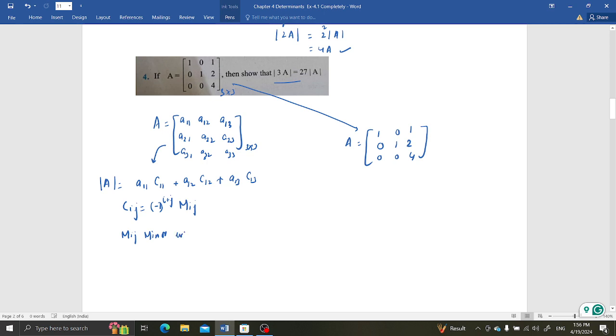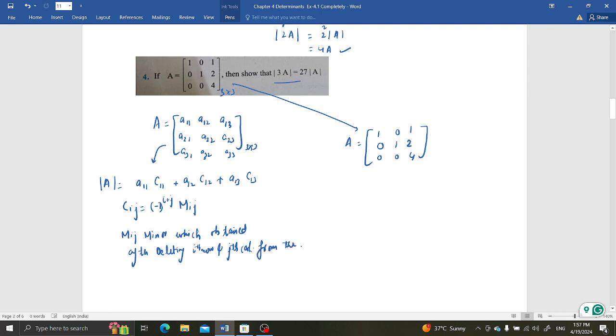Mij is the minor which is obtained after deleting the ith row and jth column from the matrix.